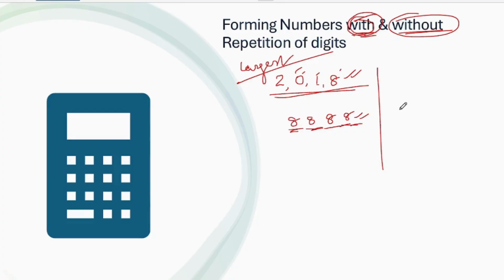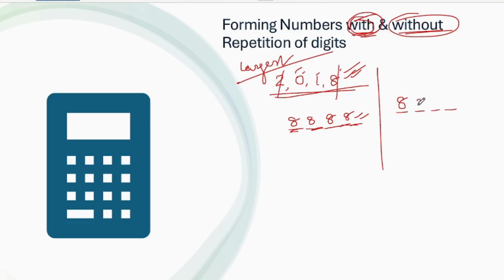Likewise, when repetition is not allowed, we have 4 positions, 1, 2, 3, 4, with the digits 2018. Which is the largest among all these? This is 8, and then 8 is gone. After that, among 2, 0, 1, which is the largest? 2.